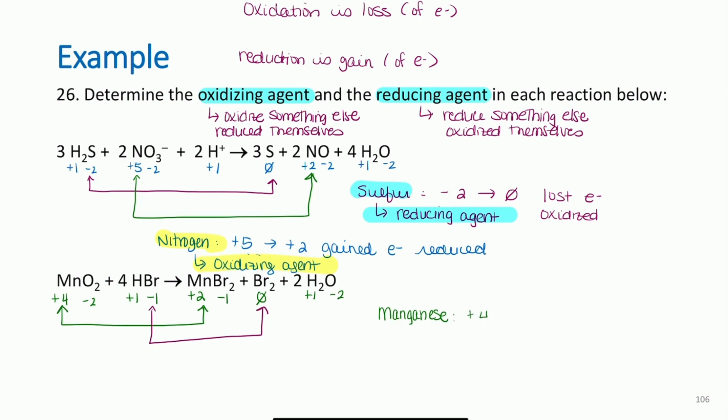Manganese went from +4 to +2. Did that gain or lose electrons? It went down in its charge, so it gained electrons. Gaining of electrons is reduction, which means manganese was reduced, therefore it is an oxidizing agent.